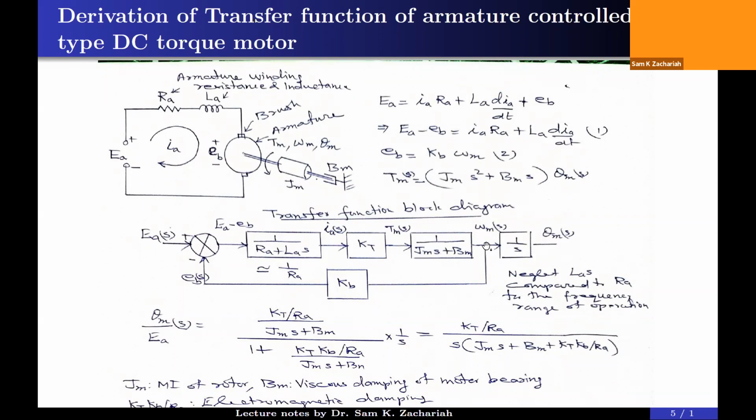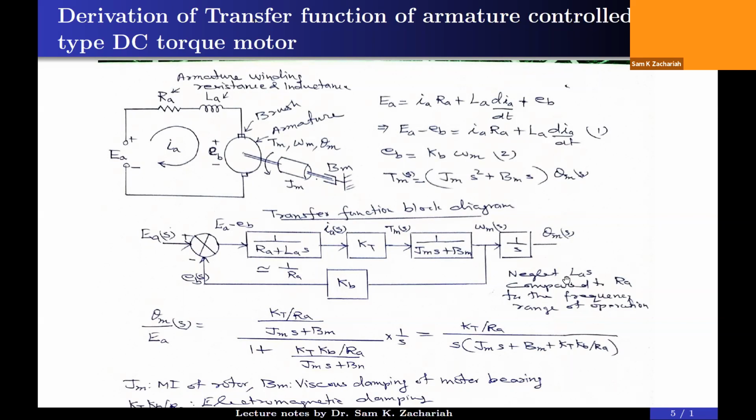And if you want omega m of s, the derivative of theta m of s, tap it before the 1 by s so that you will get that output. Then omega m into KB, that is EB, you are feeding back. So this set of equations is replaced by this block diagram.